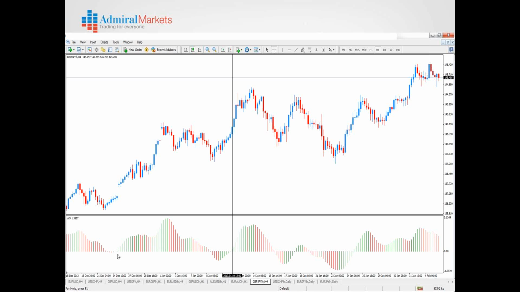The histograms are moving up and above the 0 line, or moving down and below the 0 line, or moving down and above. That would be more of a retracement, right? Here it is moving back to the 0 line, here it's moving away from the 0 line. Just like when the histogram is below the 0 line, it could either move back towards the 0 line or away from the 0 line. Simple stuff, right?